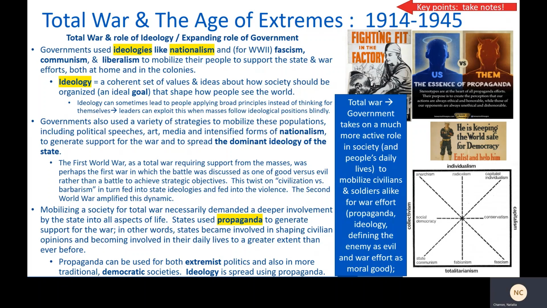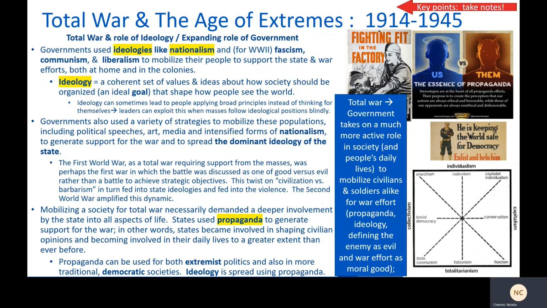So when people start applying these broad ideological principles instead of thinking for themselves, it becomes very easy for leaders to exploit this and use that blind following of ideology to their benefit. And we'll see how this works when we get to the more dangerous ideologies like fascism and Nazism.